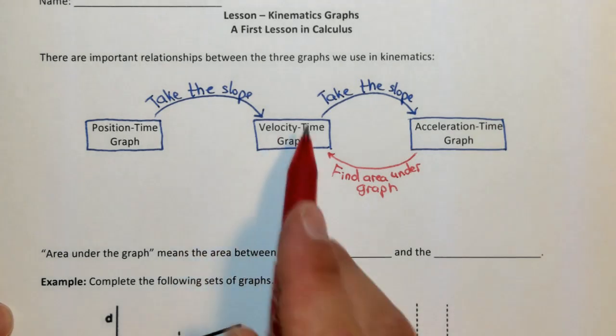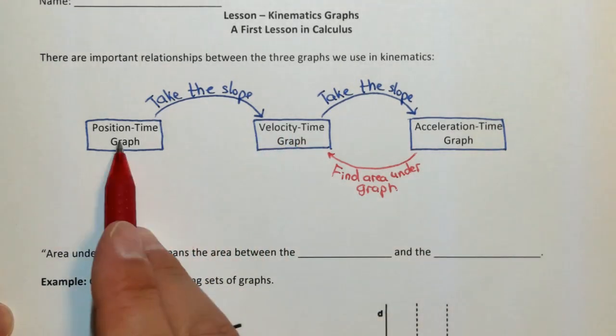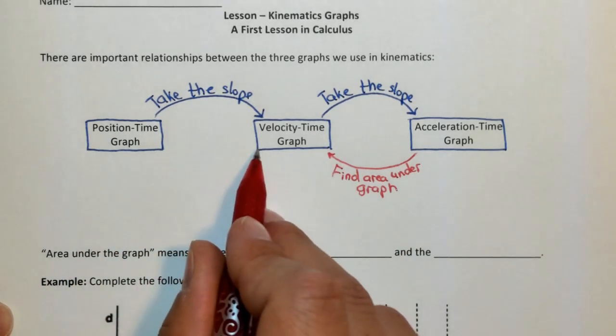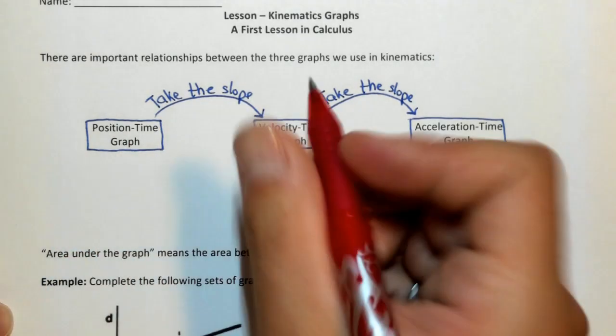And if I'm looking at a velocity time graph and I want to know how much something's position has changed, I find the area under this graph. That'll tell me how much this has changed.